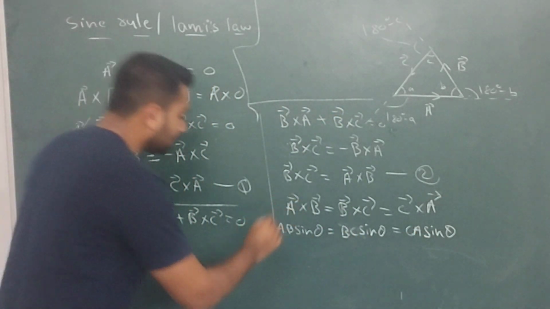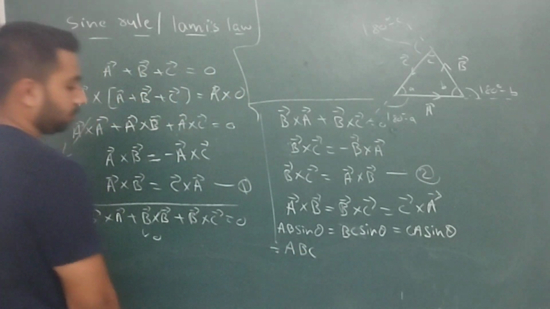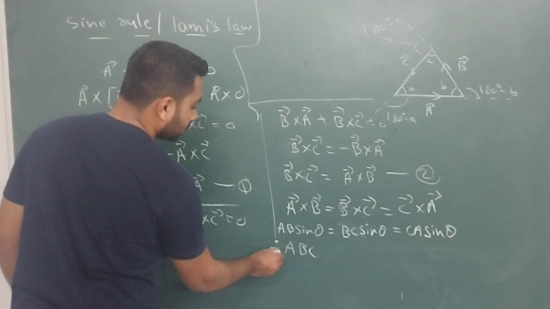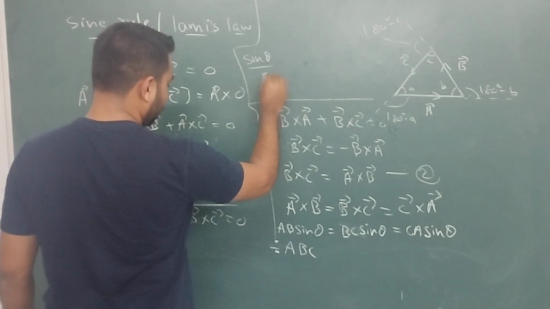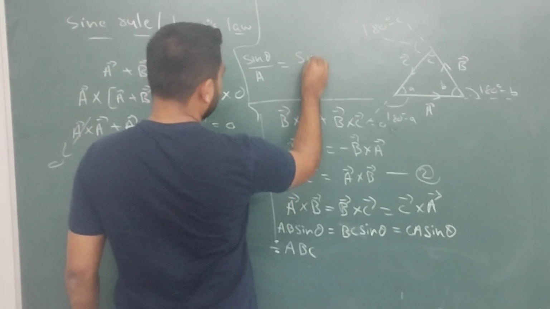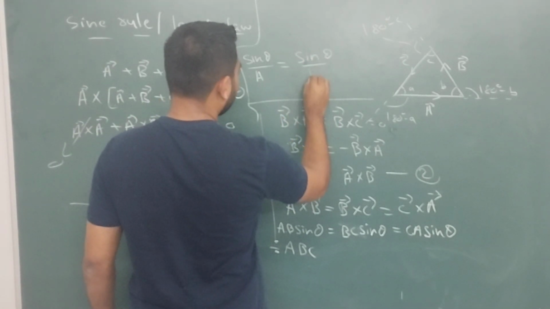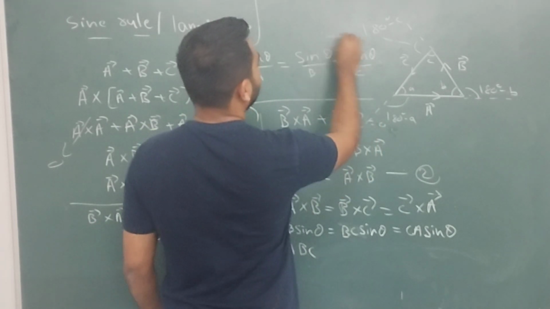Now divide this all by ABC. If you divide this all by ABC, you will be left with sine theta divided by A is equals to sine theta divided by B is equals to sine theta divided by C.